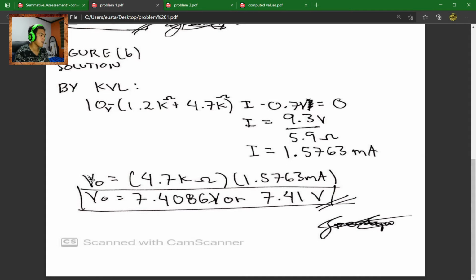If the current is 1.563 milliamperes, we multiply it by the 4.7K ohms, or 4,700 ohms, of resistance number 2 to get the VO, which is 7.4086, or 7.41 volts. That's the computed value that I got in figure B.